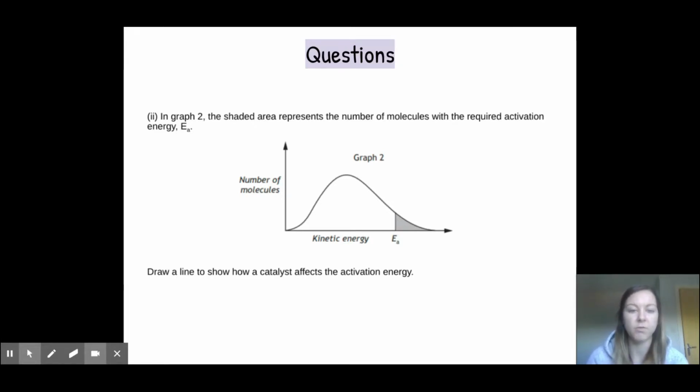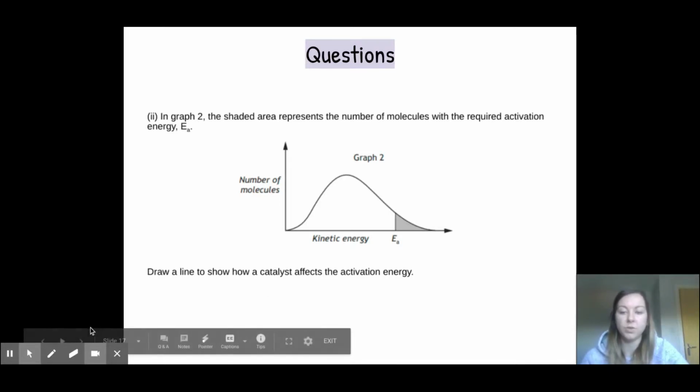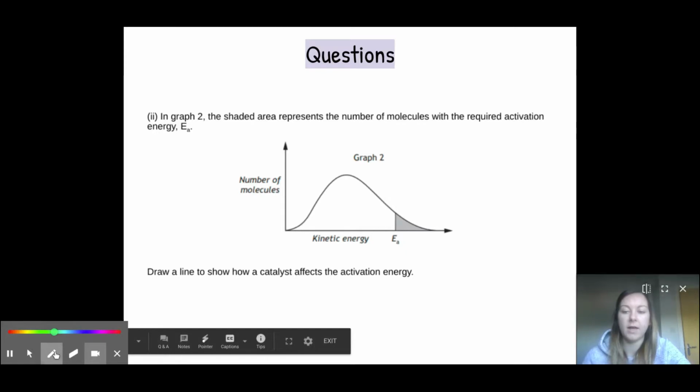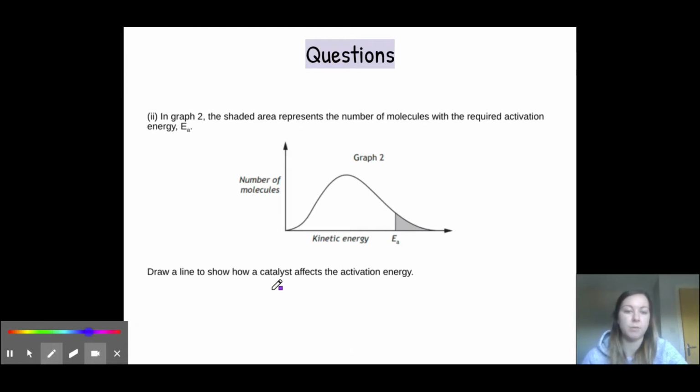What people get confused with is the different graphs that you can show this on. This happens to be a kinetic energy distribution graph, which means that the activation energy is simply a line. So what we need to do is draw the line at a lower point in the graph to show the activation energy being lowered.